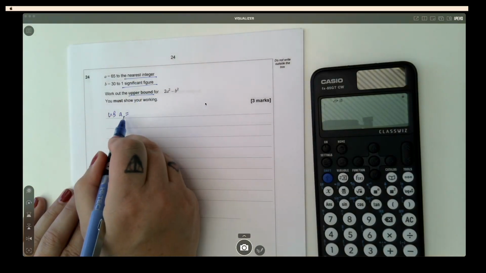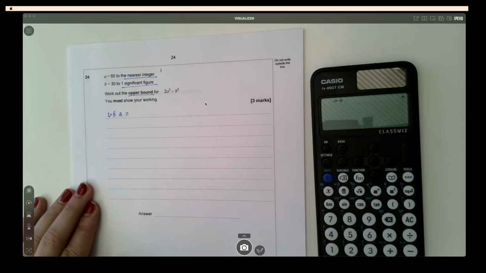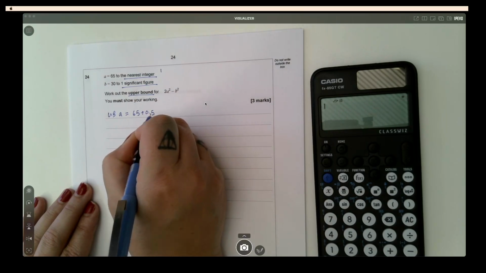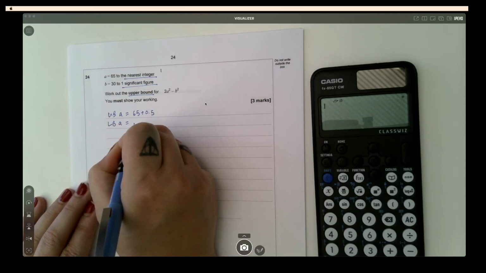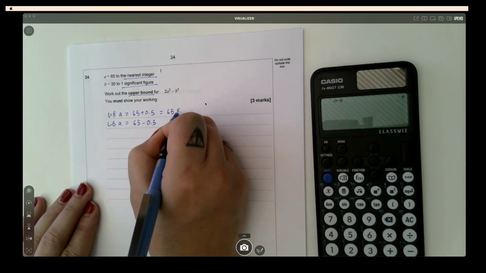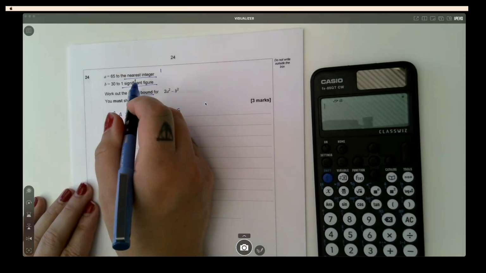So the upper bound of a. If we're rounding to the nearest integer, we're rounding to the nearest 1. Half of 1 is 0.5, so the upper bound would be 65 plus 0.5, and the lower bound would be 65 subtract 0.5. So we have 65.5 and 64.5. Let's do the same for b then.